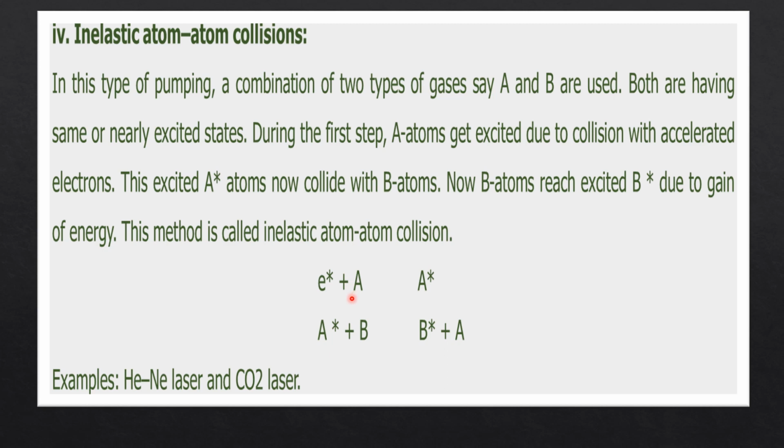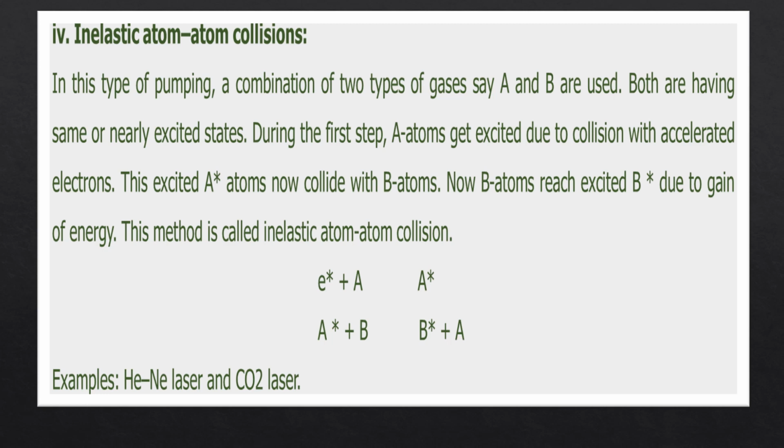step is the same as for the electrical discharge method, where the accelerated, highly energetic electrons moving with high velocity collide with the gas atom A and bring the gas atom A to the excited state. Then the excited gas atom A collides with another gas atom and transfers its energy to the gas atom B, and it undergoes de-excitation and the process continues.